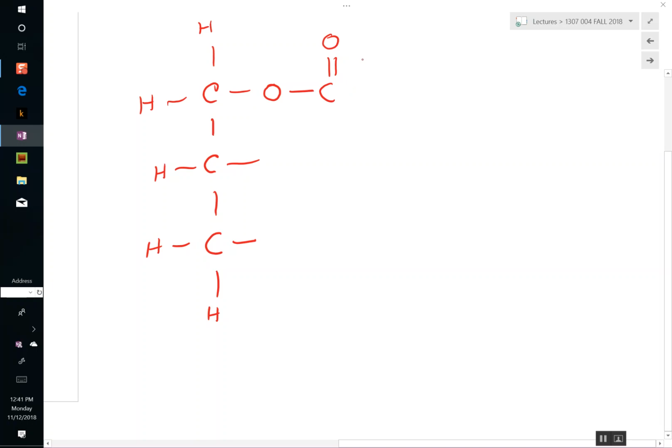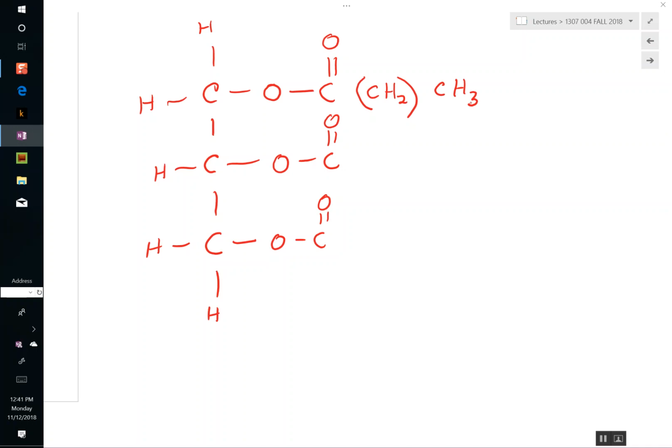That's always the case in a triglyceride. All 3 of them are going to be linked like this. And if this were stearate, remember, stearic acid has how many carbons in it? 18. So it's going to have a bunch of these, and on the end it's going to have one of those. So how many of those is it going to have? 16.